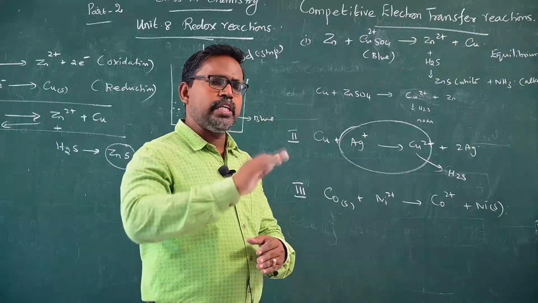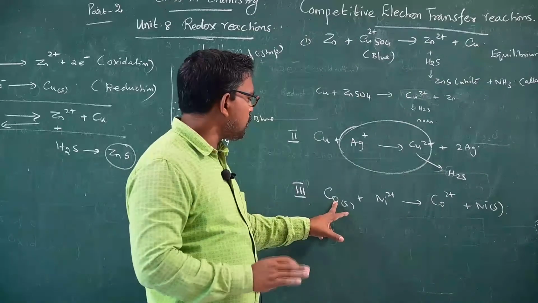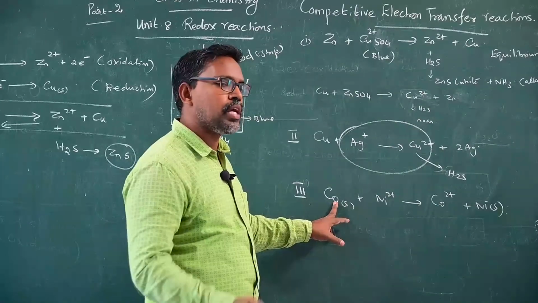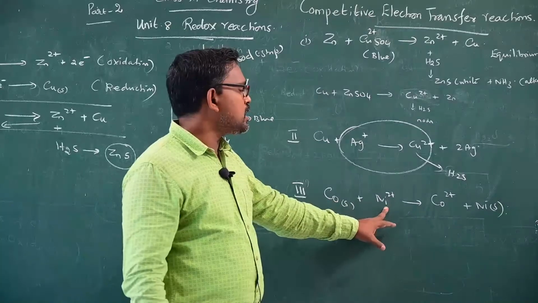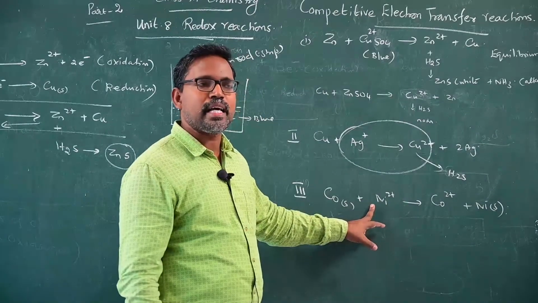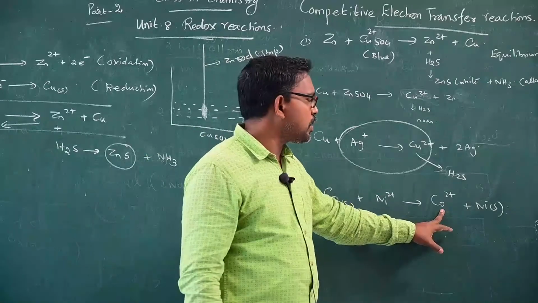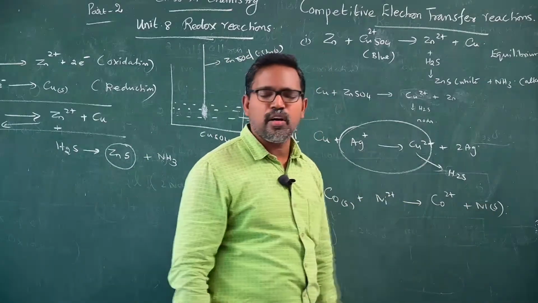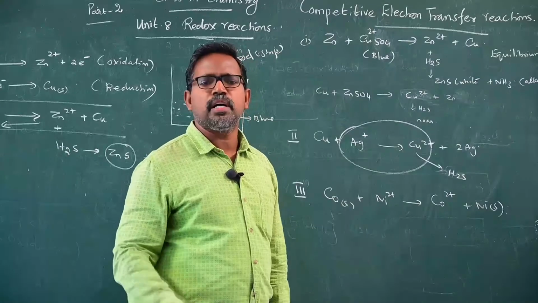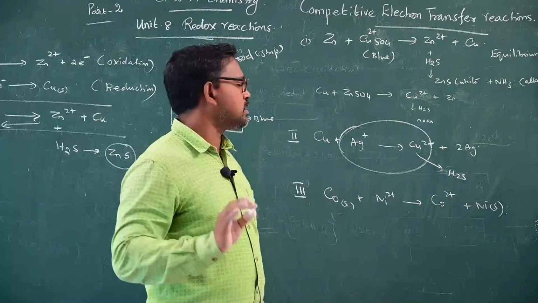Competitive electron transfer, in the third case, involves cobalt. A strip of cobalt is immersed in nickel 2+ solution or nickel sulfate solution. Here also, cobalt 2+ ions as well as nickel ions are developed. These are all examples of reversible redox reactions.